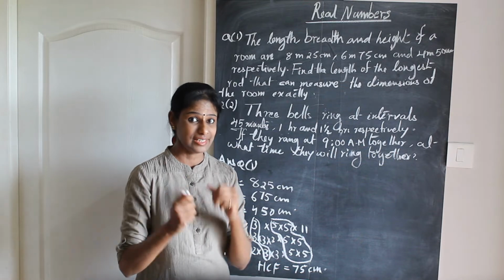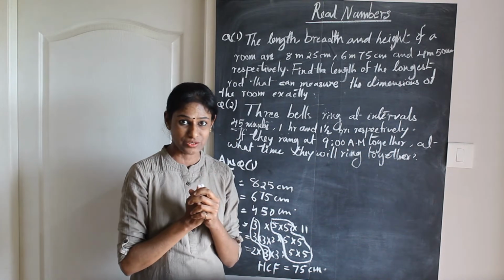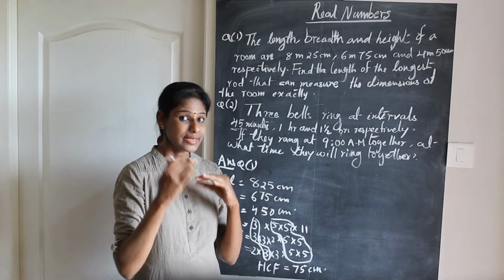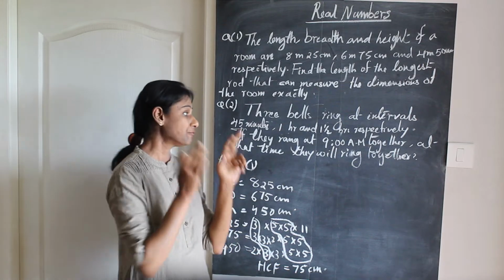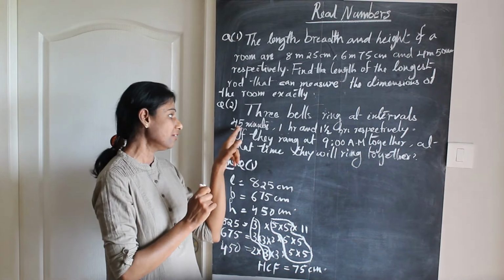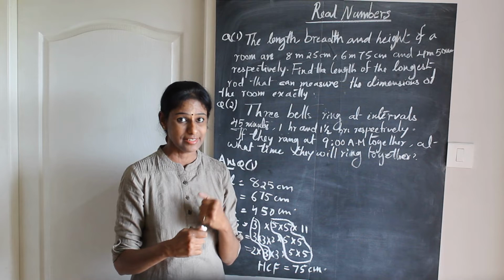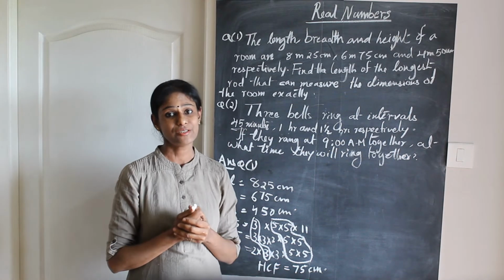Now we are discussing the answer of this question. The time interval cannot be a number which is less than these, because in the school itself, the bell rings at an interval of 45 minutes. So the time cannot be less than 45 minutes.